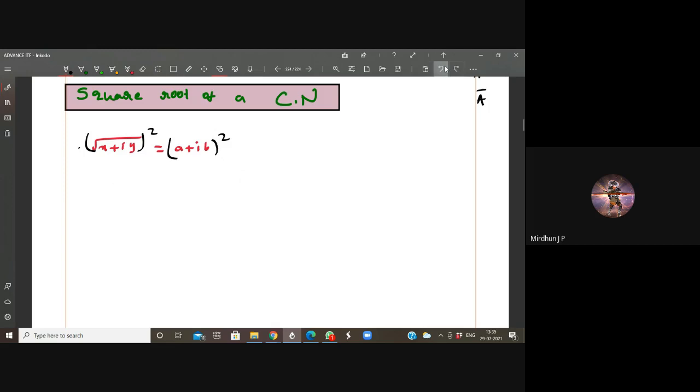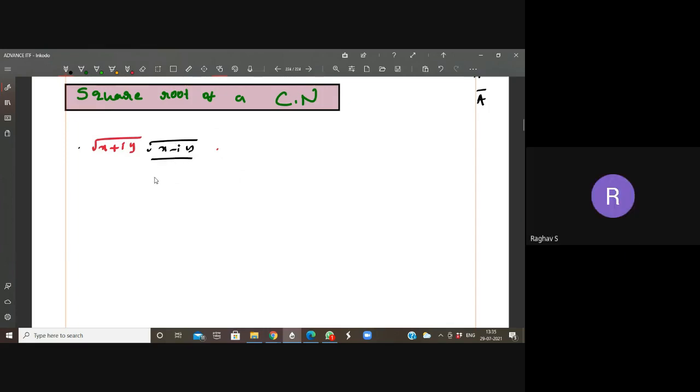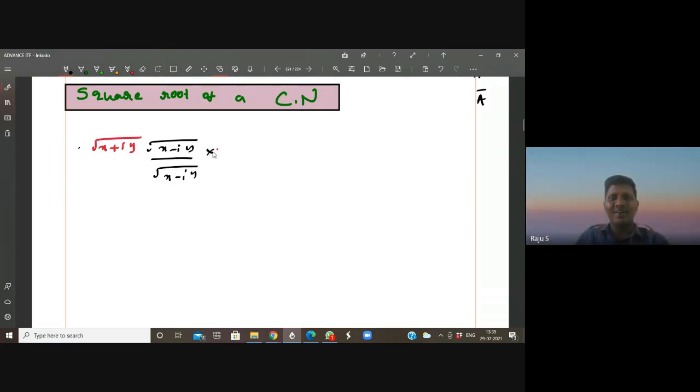If you multiply by root over x minus iota y, the numerator becomes root over x square plus y square, and the denominator is again x minus iota y.